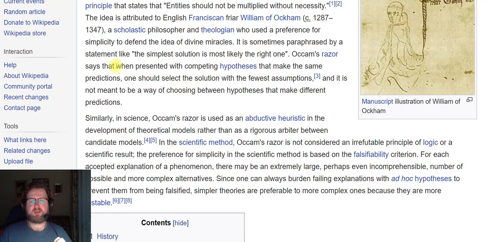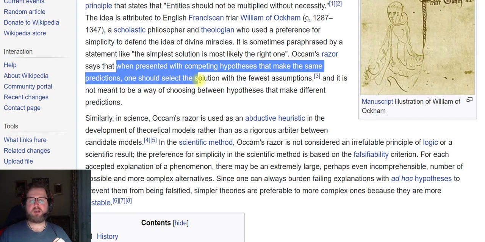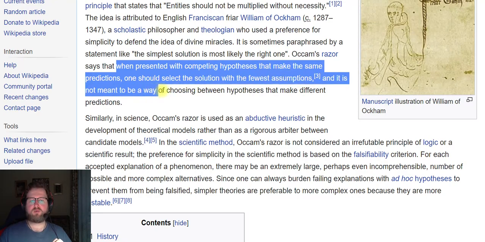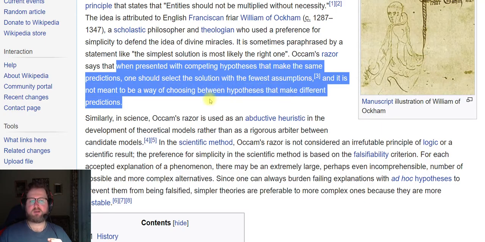So, when presented with competing hypotheses that make the same prediction, one should select the solution with the fewest assumptions. And it is not meant to be a way of choosing between hypotheses that make different predictions.